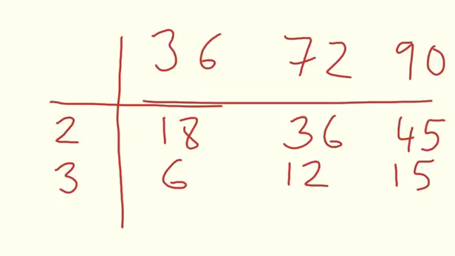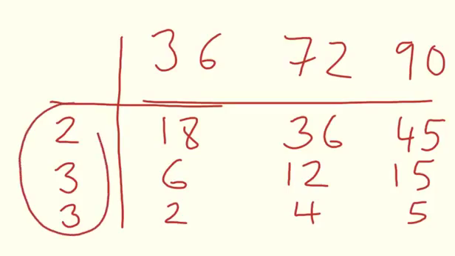Now, can 3 go into it again? Yes, it can. So I'll put 3 here. 6 divided by 3 is 2. 12 divided by 3 is 4. And 15 divided by 3 is 5. Now, can any other number apart from 1 go into 2, 4 and 5? No.